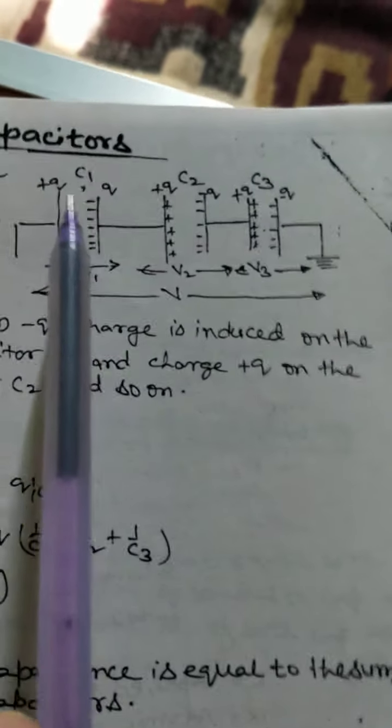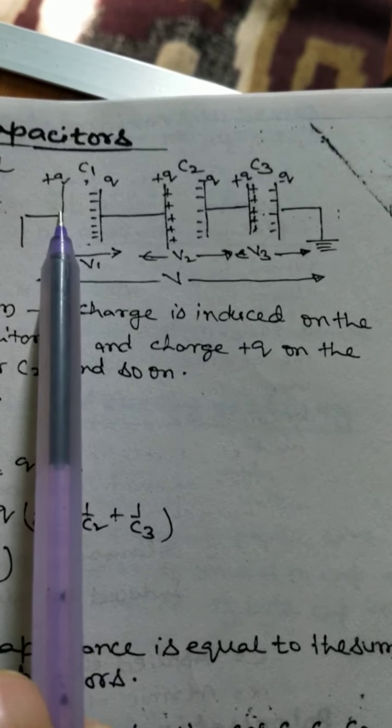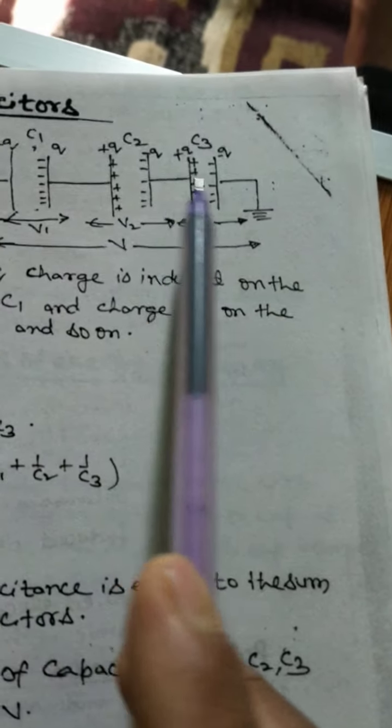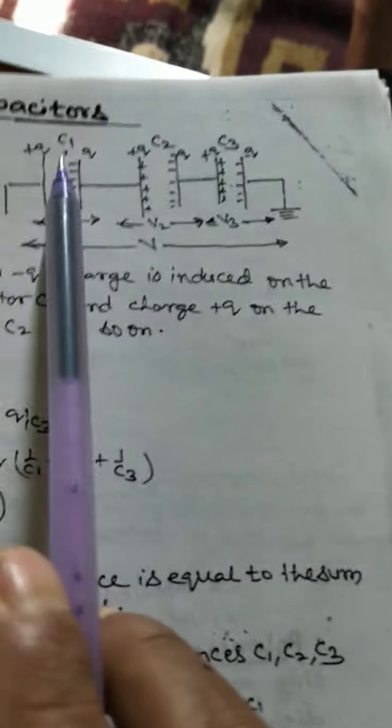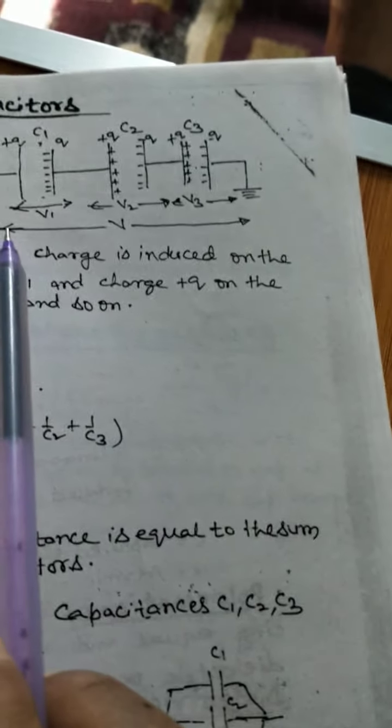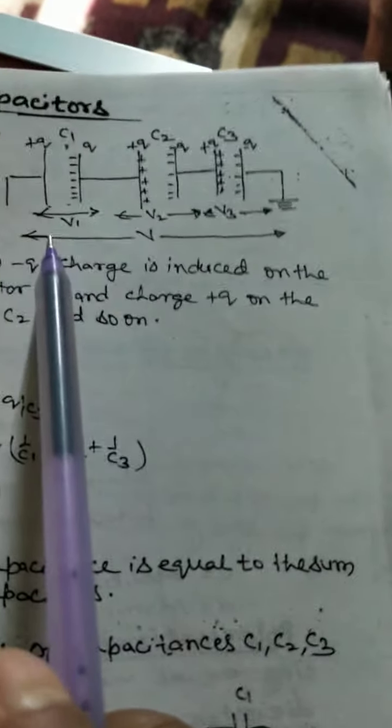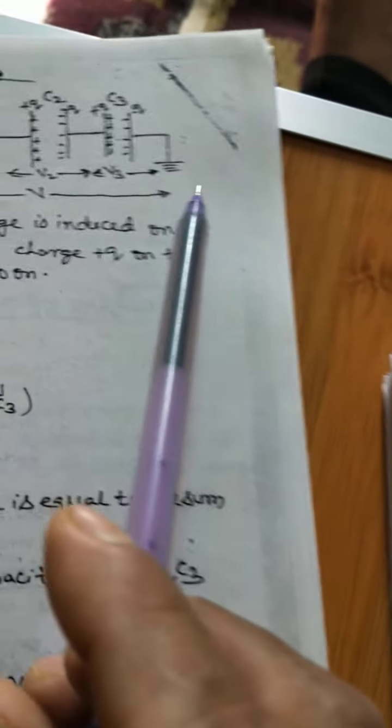So for the first capacitor, let us suppose the charge is Q. This charge Q will be the same for all three, but where the capacitances are different, the potentials will be different. Let the potentials be V1, V2 and V3.